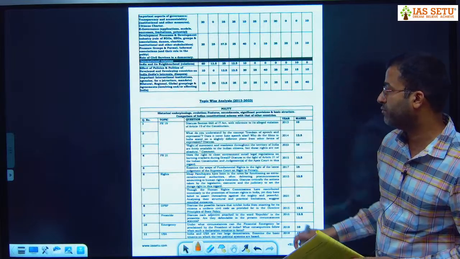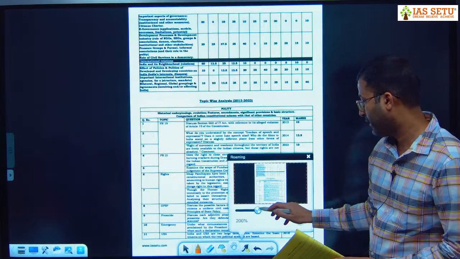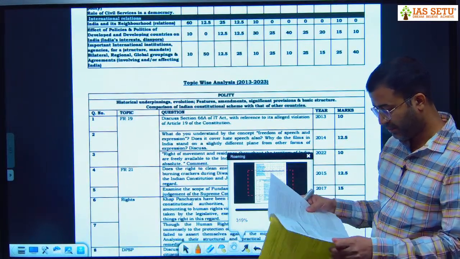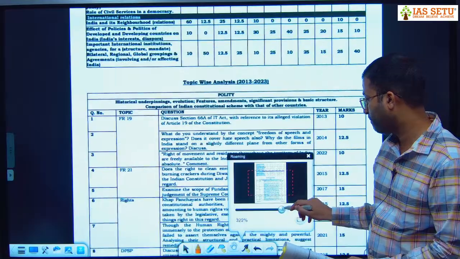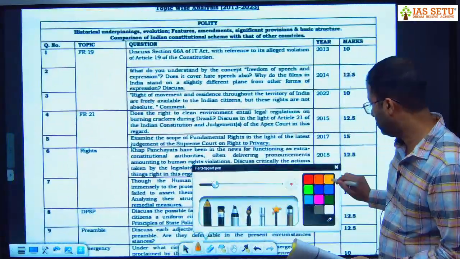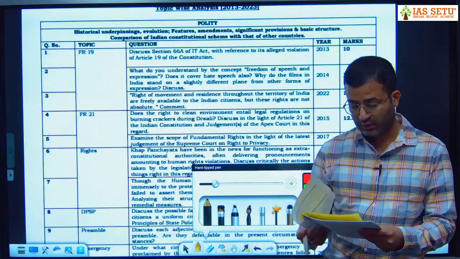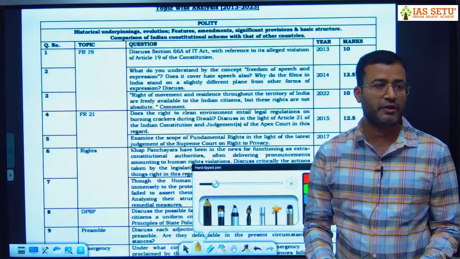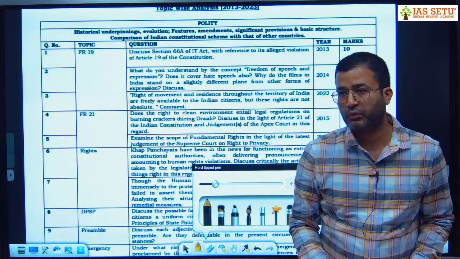Here topic wise analysis. Page number 3. It is Article 19, like you are revising Article 19.